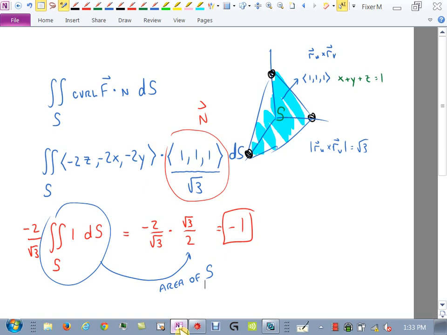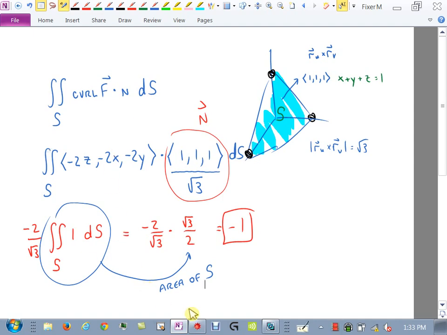My word of caution to you would be, anytime you've got a flat surface, whether it be part of a triangle or part of a circle, you've got to pay attention to when you can and cannot switch from a double integral over D with respect to area versus a double integral over S with respect to surface area. You've got to have that under control in your mind, when that's allowed and when it's not.